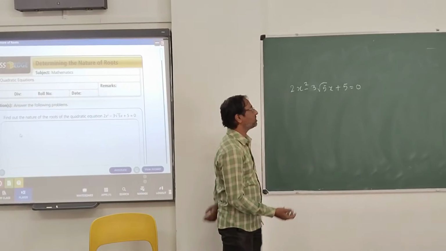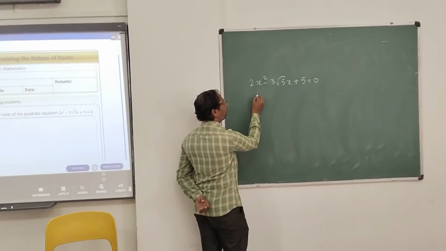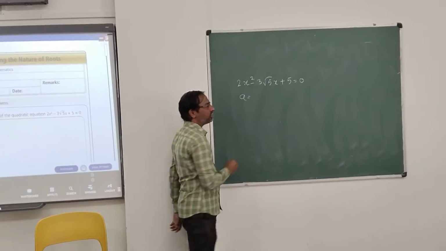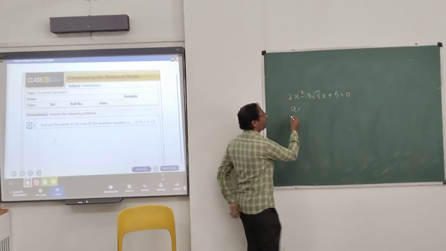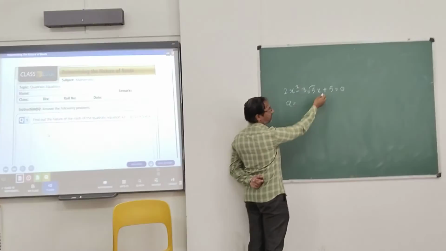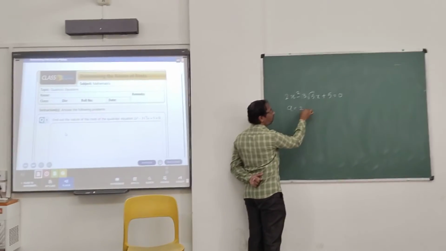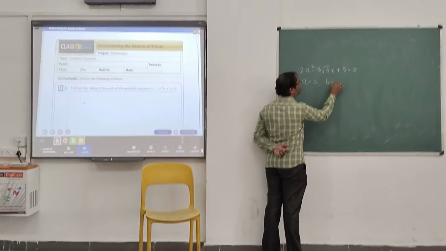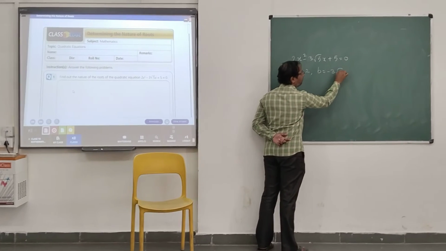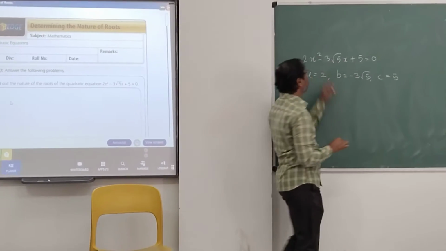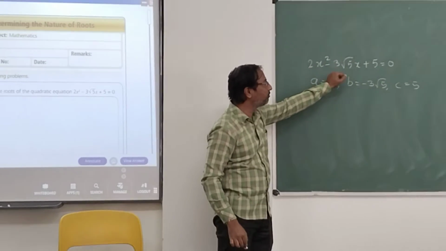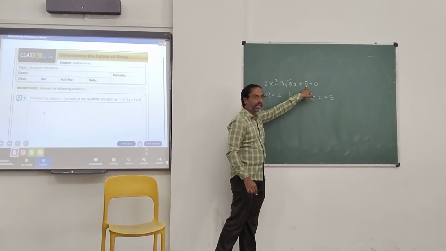So first let us find the coefficients. A is 2, b is minus 3 root 5, and c is 5.